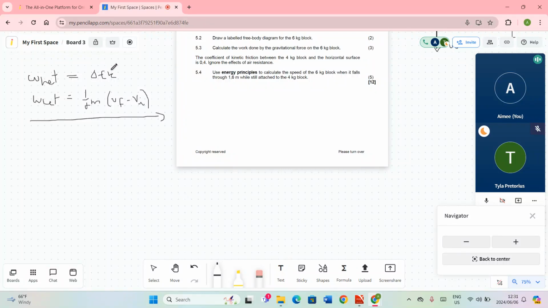And you are allocated a mark here. So it's best that you start with this format of the formula, okay?